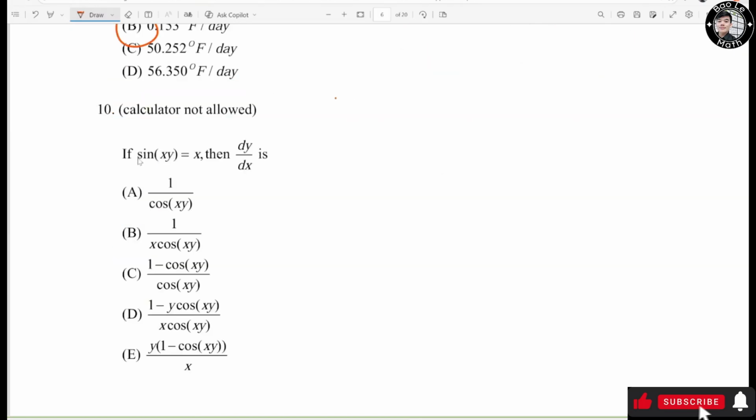Now question 10. If sine of s times y equals s, then dy over ds is. Alright, so we need to take the derivative of both sides with respect to s. So we have d over ds of sine of sy equals d over ds of s. Now for this one, we need to use the formula: the derivative of sine u is u prime cosine u.